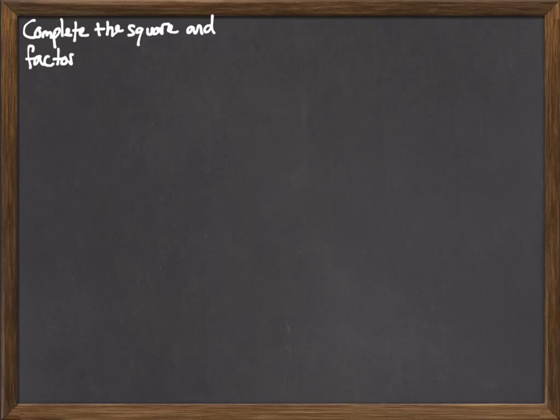So we're here asked to complete the square and factor. Our first polynomial is x squared minus 16x plus blank. So again, we need to figure out the blank. Just like we did last time, we can say, well, 2b would have to be equal to that middle number, negative 16.